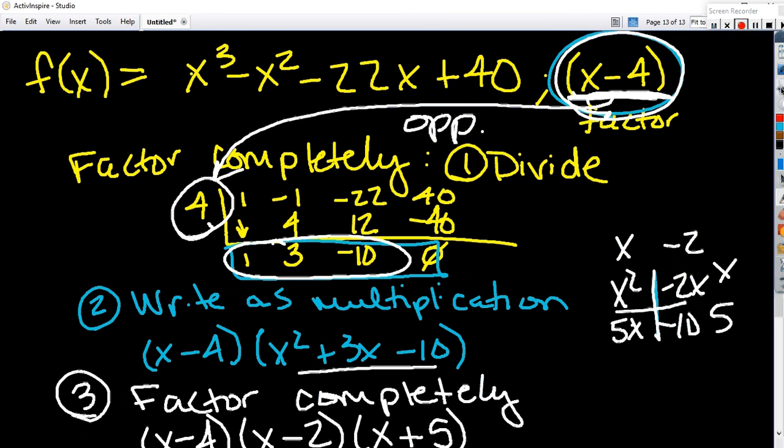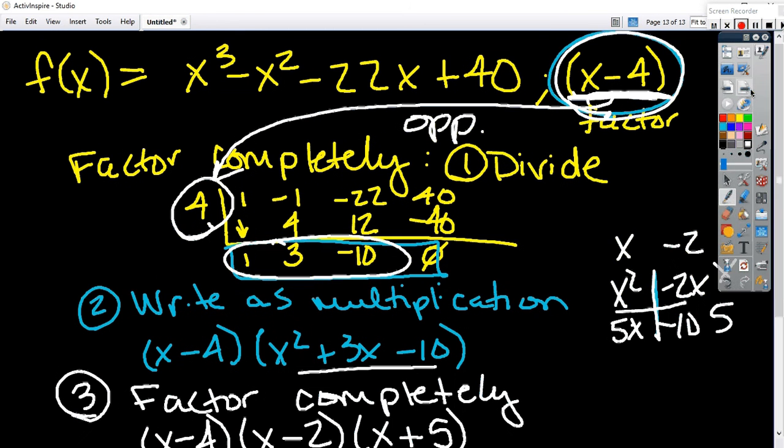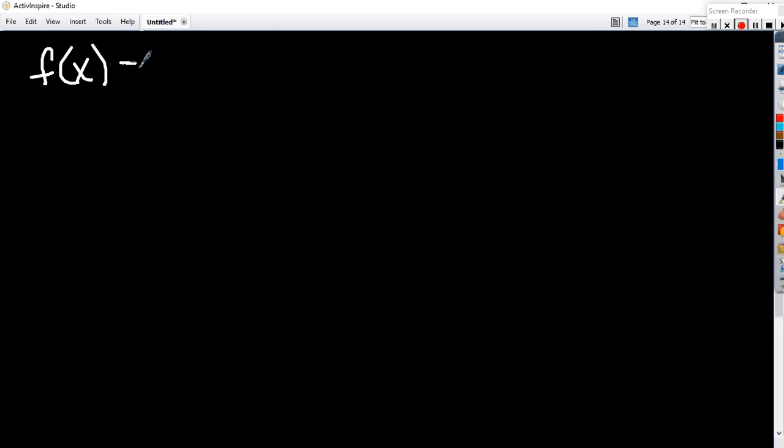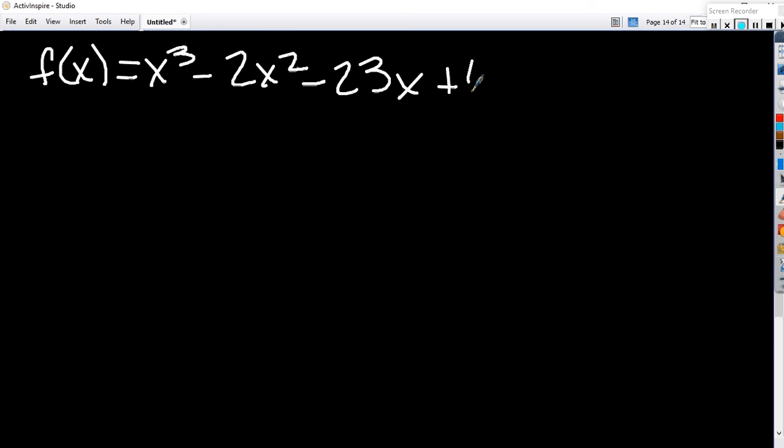So what if I said f of x equals x to the third minus 2x squared minus 23x plus 60, and I said this time I'm not going to give you a factor, I'm going to tell you that x equals 3 is a 0.